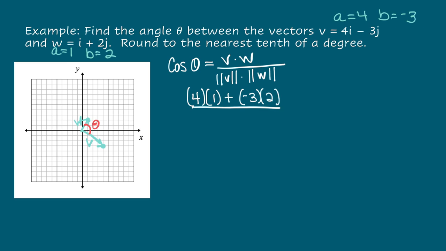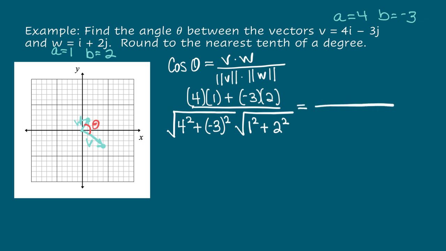For my magnitude of v, I'm going to have the square root of 4 squared plus -3 squared, and for w, the square root of 1 squared plus 2 squared.